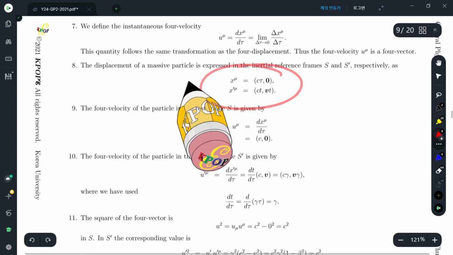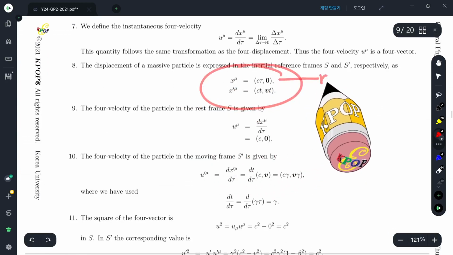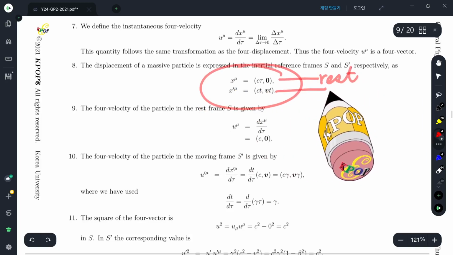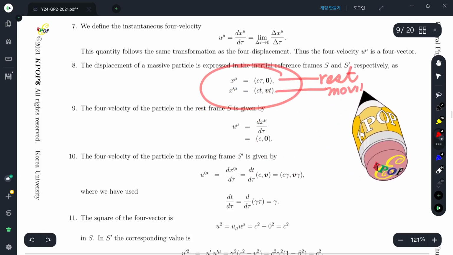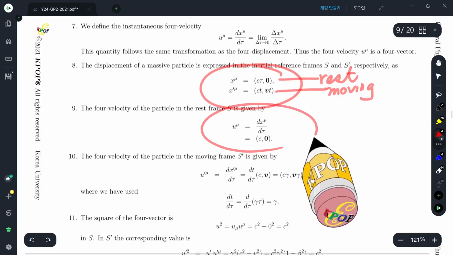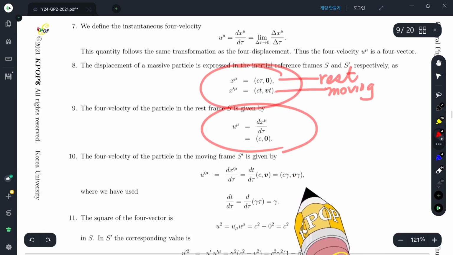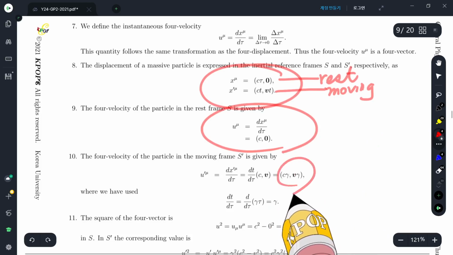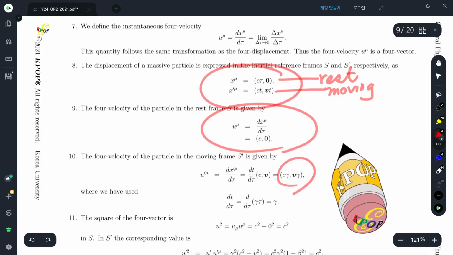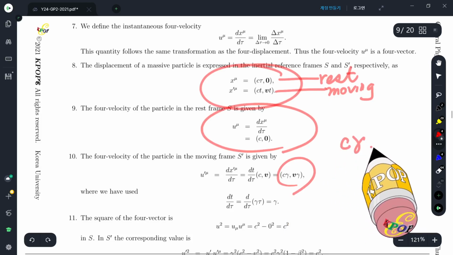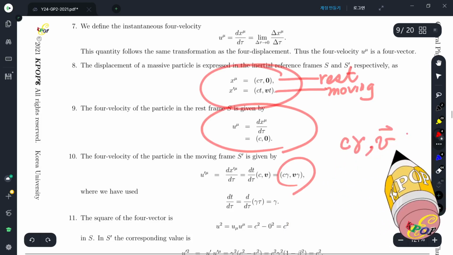For displacement in a rest frame and moving frame. For velocity, rest frame, and moving frame. In a moving frame, it is c gamma, v gamma.